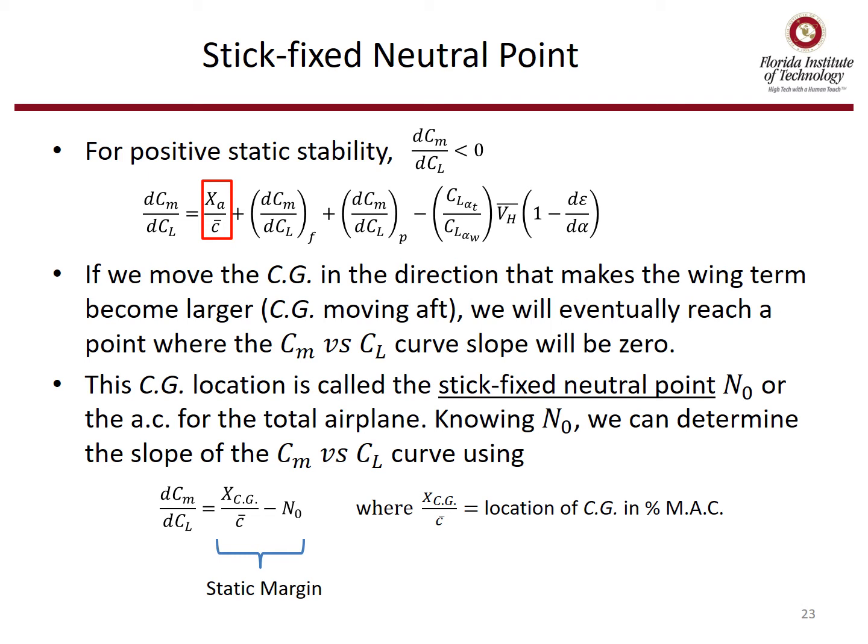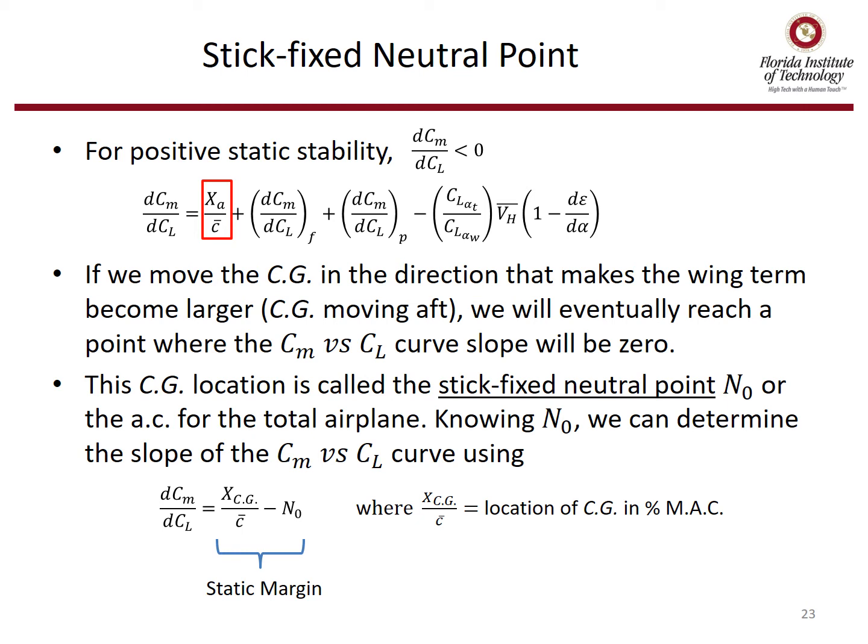That slope of that curve will be zero. And this CG location, when we move that CG aft back enough to where we get to that point where the slope is zero, has a special name, and we call that the stick fixed neutral point, given the symbol N sub 0. And what that really represents is the aerodynamic center for the entire airplane.